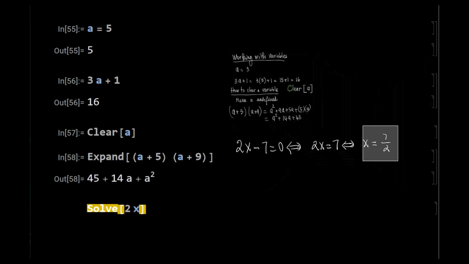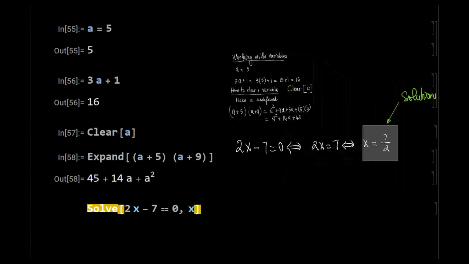I type here 2x minus 7, but here I'll use double equal 0, comma x. And then we press Shift Enter. Note the use of the two equal signs here. And the reason why this is the case will be discussed later, right?